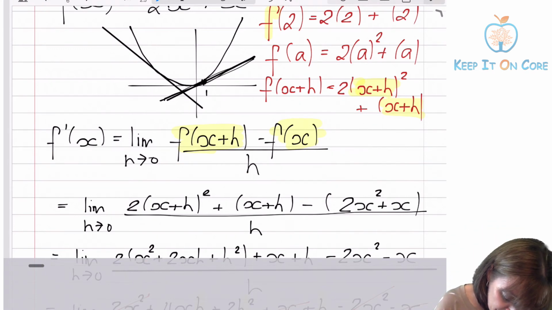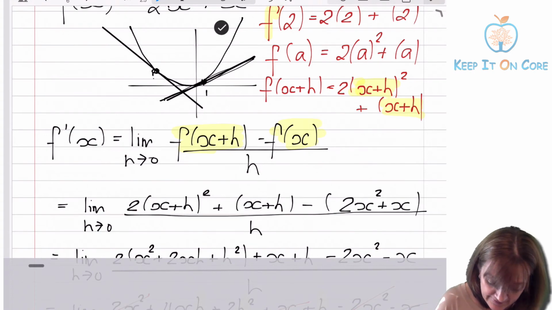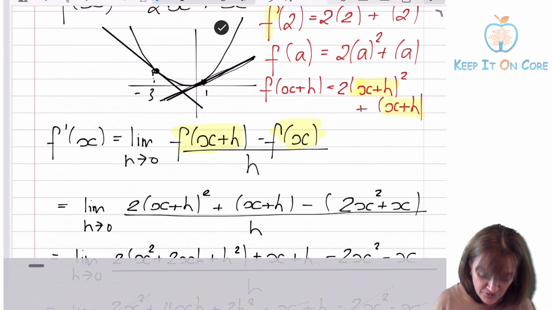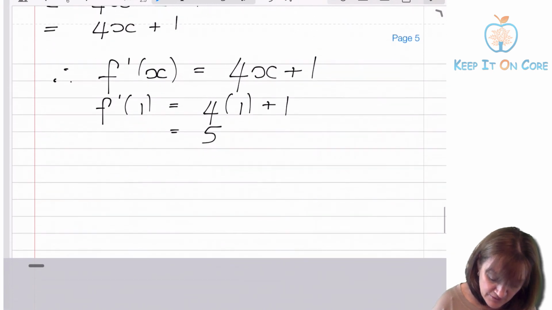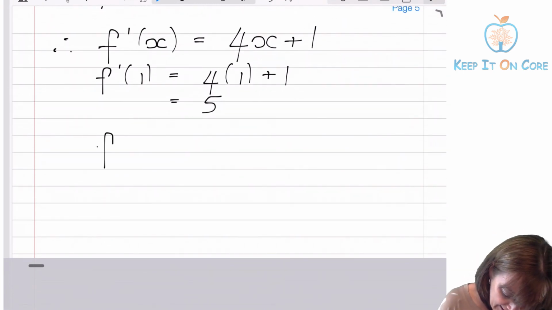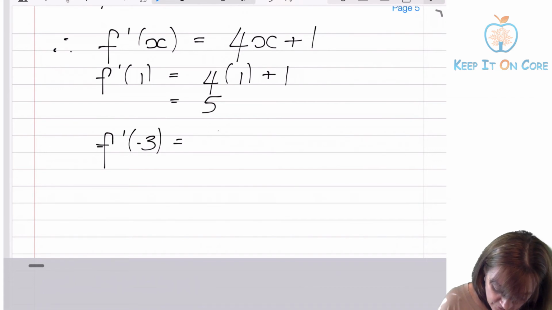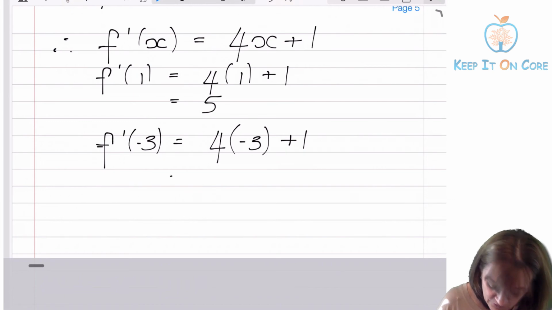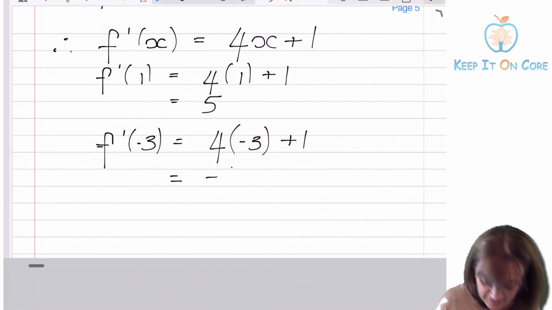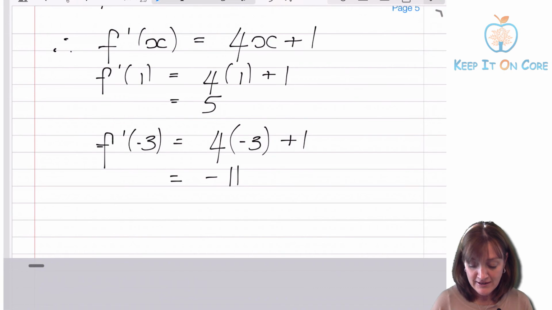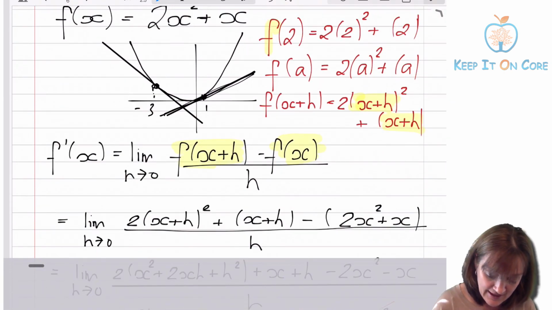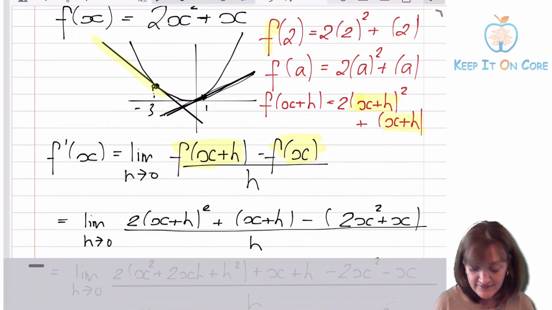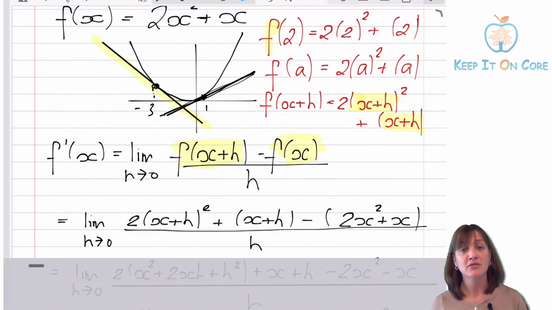If I wanted to know the gradient of the tangent at this point, where x is something possibly like negative 3, then I would take the same derivative formula, but into the x I'm going to substitute negative 3. So we'll have 4 times negative 3 plus 1, that's going to give us negative 12, plus 1, which is negative 11, and that would then be the gradient of the other line. So this line over here would have a gradient of negative 11. And we worked out both of those gradients by using that derivative.